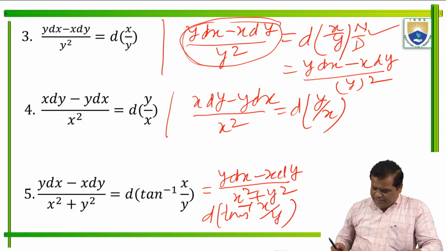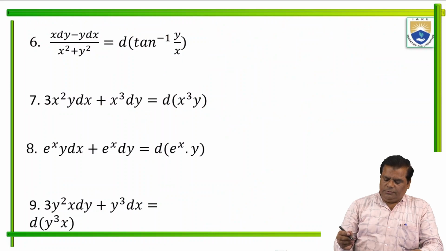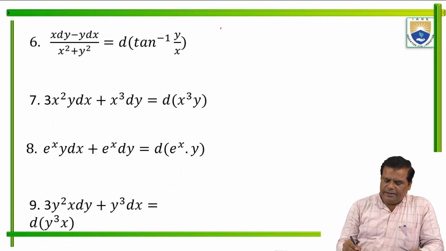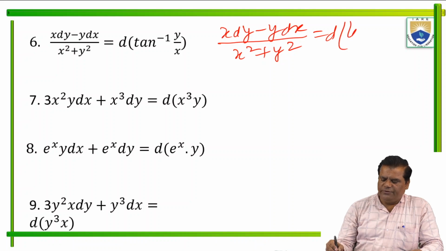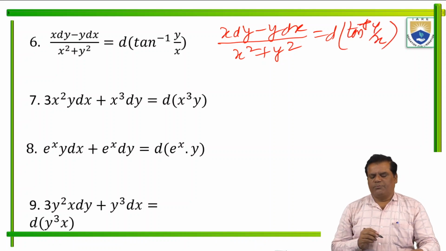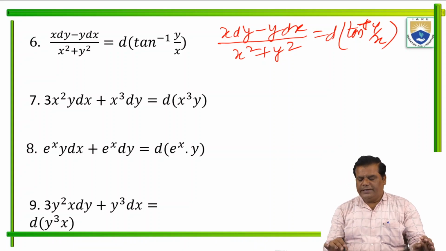Next, x dy minus y dx upon x square plus y square equals differentiation of tan inverse y upon x. This is the formula. How can we write this formula?